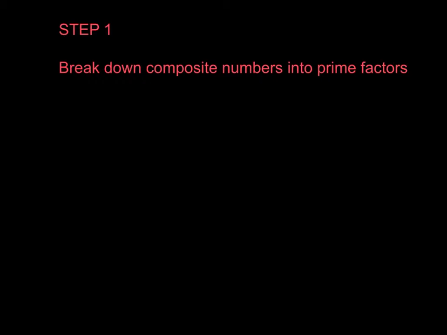So the first step we need to do is to break down our numbers into prime factors. We're going to take the number 8 and the number 12 and break them down. I know that 8 is an even number, so I'm going to divide that by 2. 8 divided by 2 equals 4. 2 is a prime number, the only even number to be a prime number. 4 is an even number, so it's still a composite number.